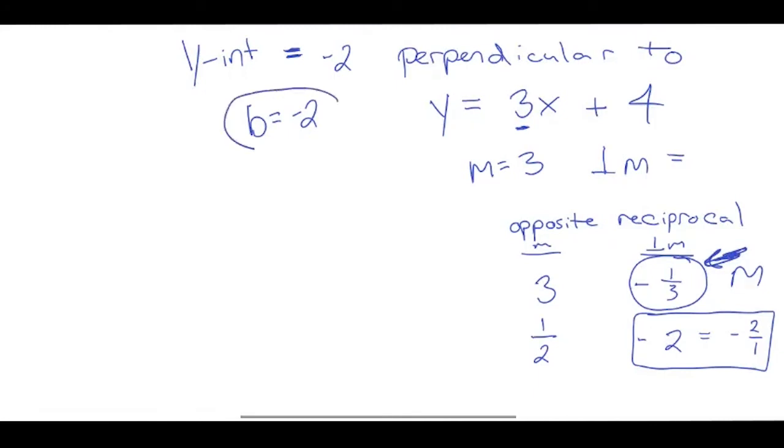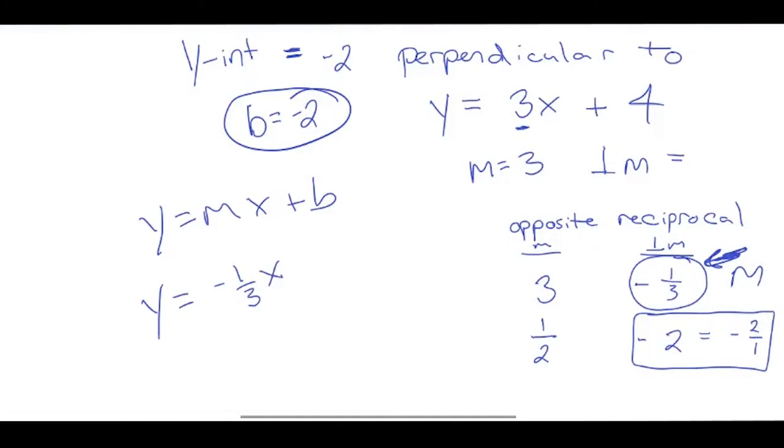And here's my b. All right, so if I'm going to do y equals mx plus b, y equals -1/3 x minus 2. And that is the equation that we're looking for.